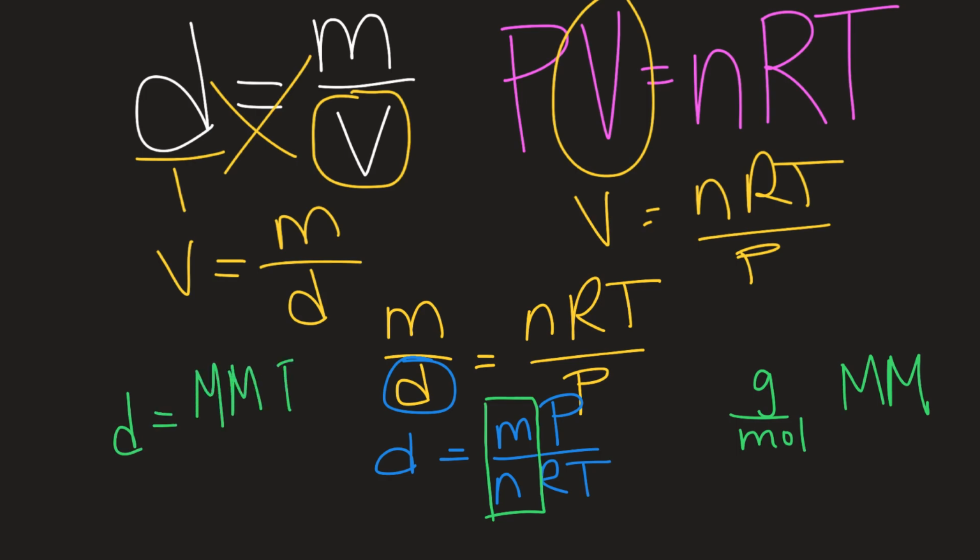You'd have to know the composition. You can't just say a gas. You'd have to be told it's neon gas or it's carbon dioxide gas. So molar mass times pressure over RT. If you know the molar mass, you can find the density. If you know the density of the gas and the certain conditions, you can find the molar mass. Okay, so that's just another way to kind of use the ideal gas law.